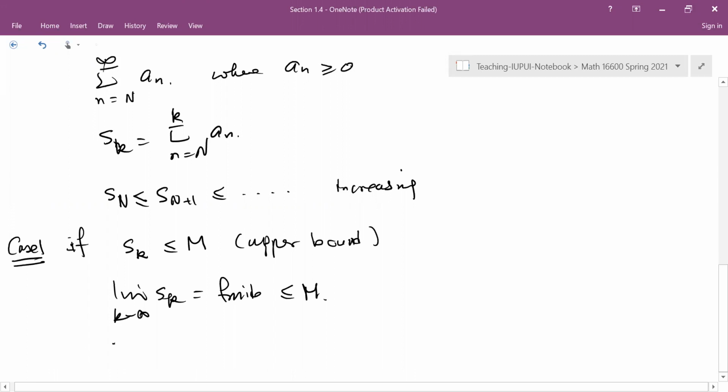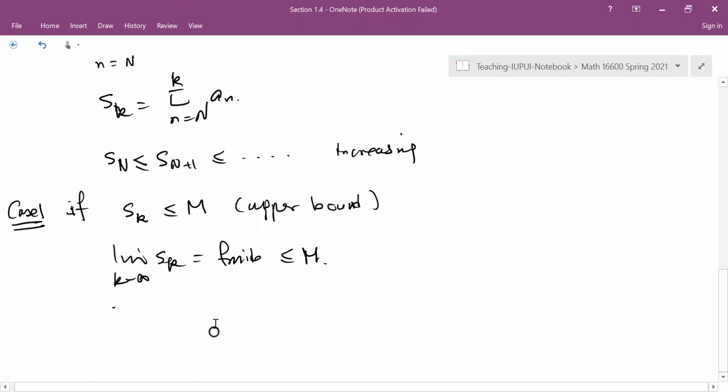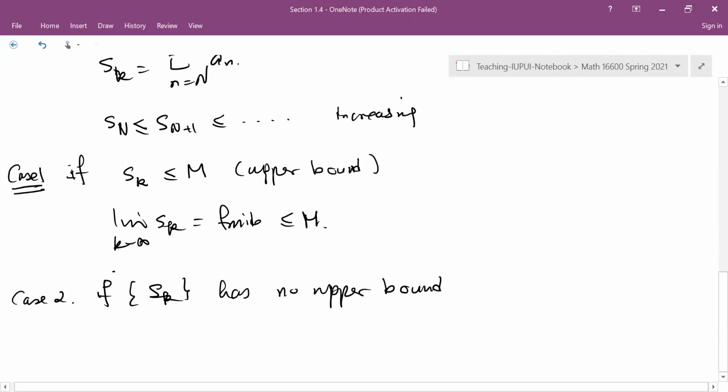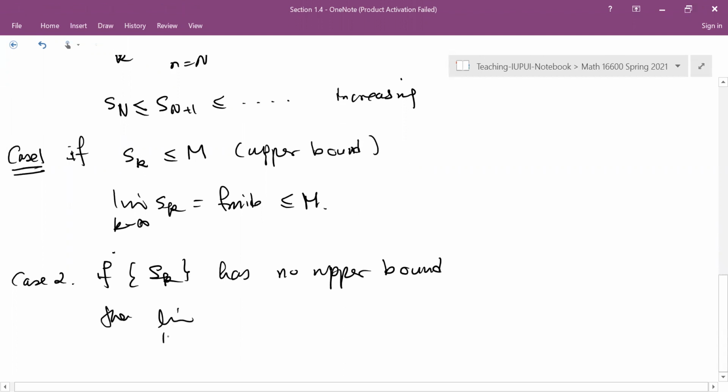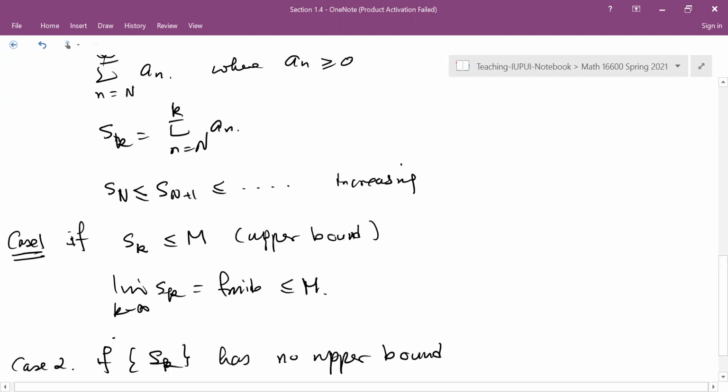So in this case, the series is convergent. Case 2: if this sequence has no upper bound, then the limit of S_k is infinity. It's going up, so in this case the corresponding series is divergent.